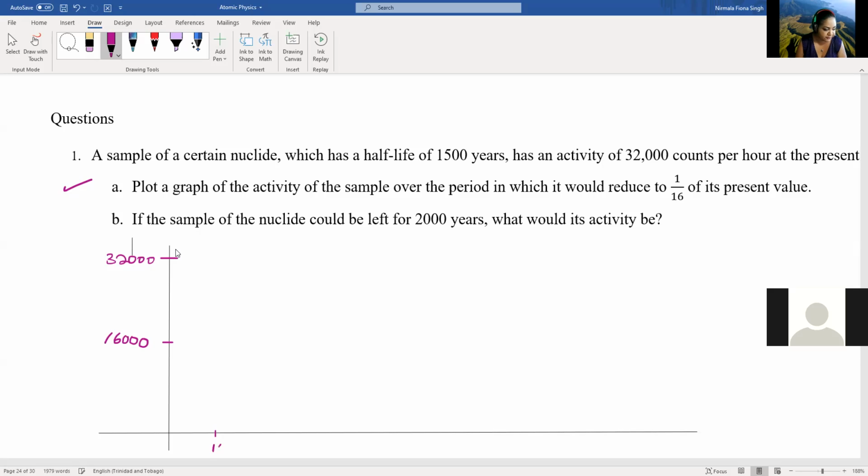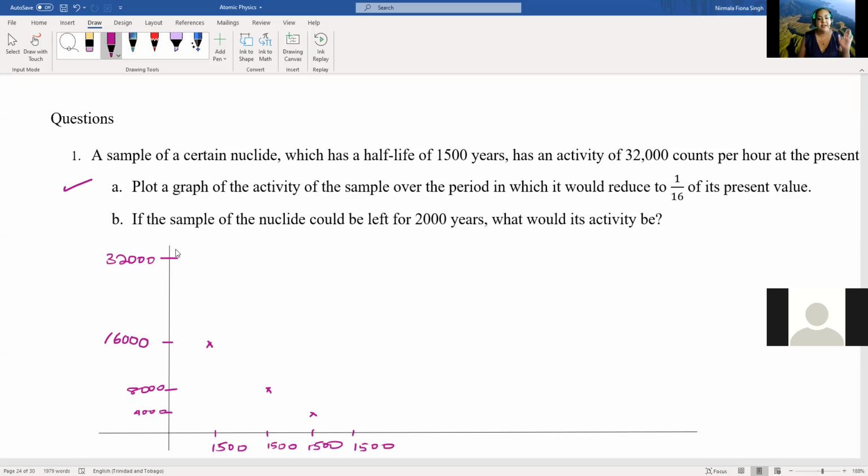So after 1,500 years, it reaches an activity of 16,000, half of the original value. After another 1,500 years, it reaches half of 16,000, which is 8,000. After 1,500 years again, half of that, which is 4,000. So we've reached a half, a quarter, 1/8. After another 1,500 years, we reach half of 4,000.